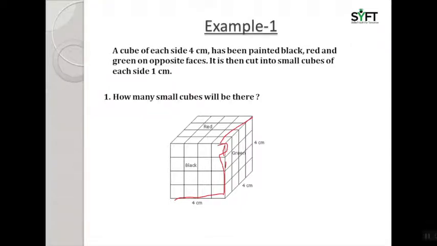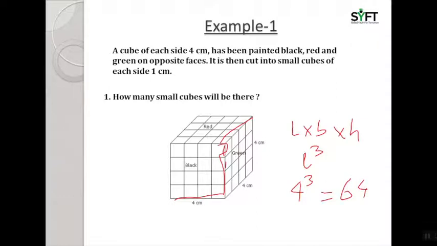The volume of the cube is always length into breadth into height. As length, breadth, height are the same for a cube, suppose it is L, so it should be L cube. In this case, it is 4 centimeter. So 4 to the power 3 is 64.